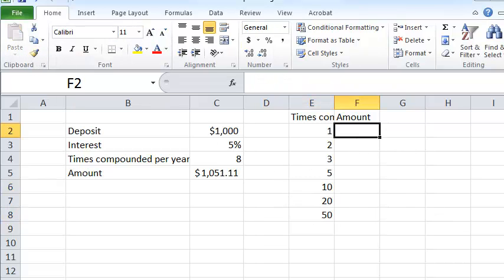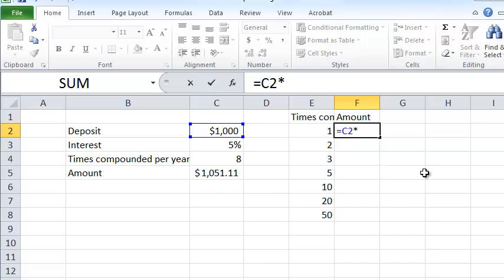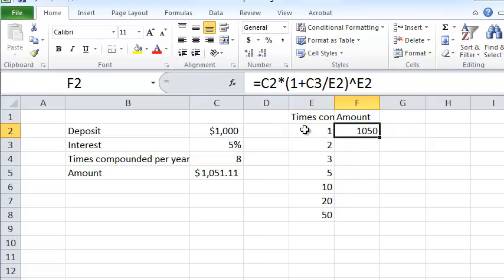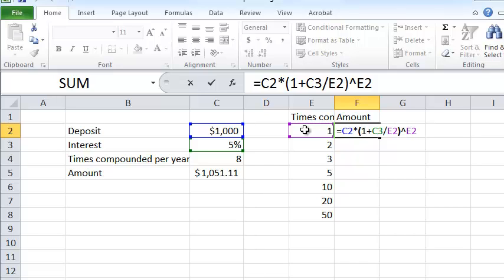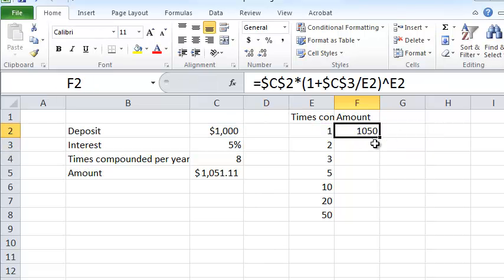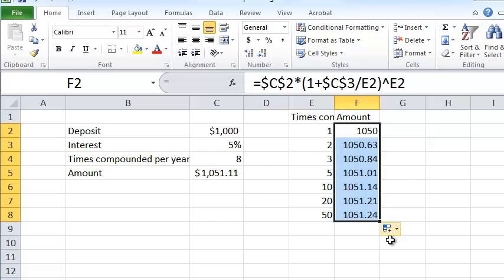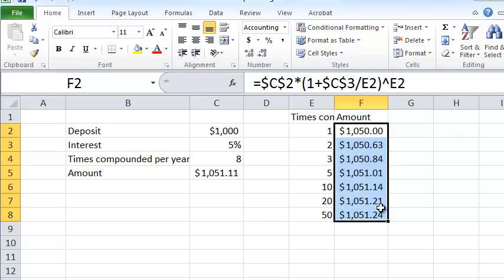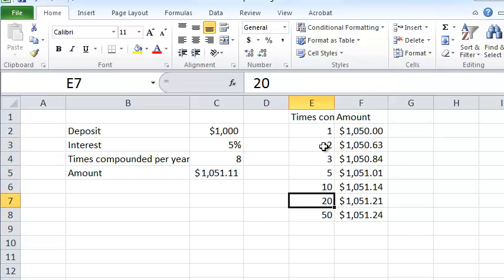Now the amount that is due to you is the basic deposit times 1 plus the interest rate divided by the times compounded, raised to the power the times compounded. Before I copy this formula down, I put dollar signs before the deposit amount and the interest rate so that I don't change those values when it copies down. I'm copying it all the way down here, and you can see that these are all the different amounts that correspond to the various number of times compounded values.